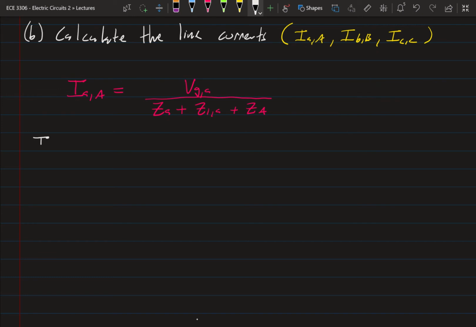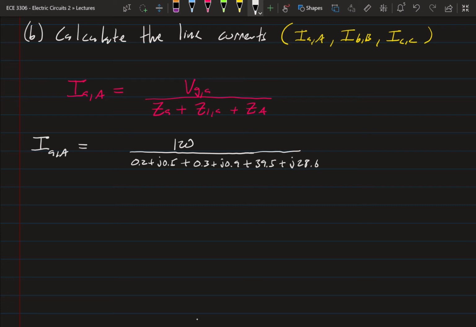Now we've got everything we need, and we can plug all the parameters in. IaA is equal to 120 over, let's see, little z_a was 0.2 plus j0.5, plus the line impedance 0.3 plus j0.9, plus the load impedance 39.5 plus j28.6.